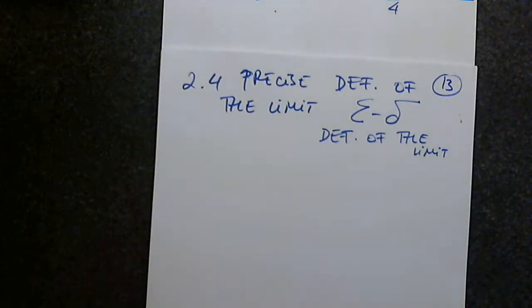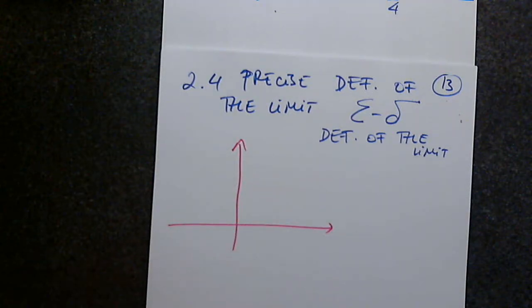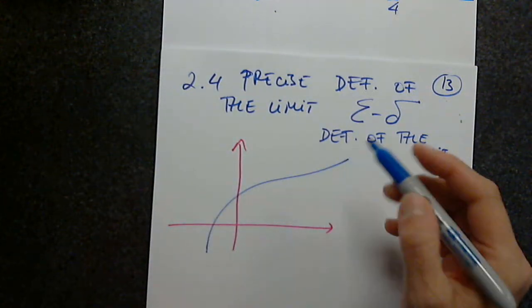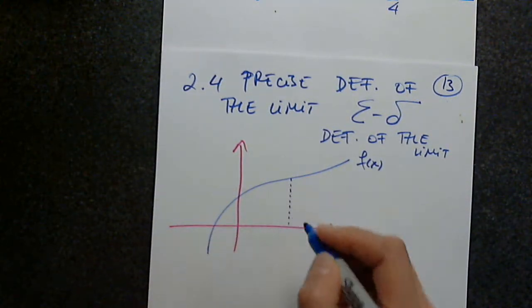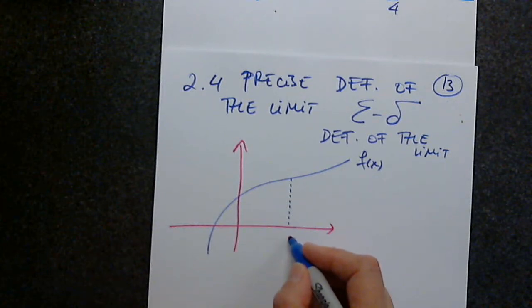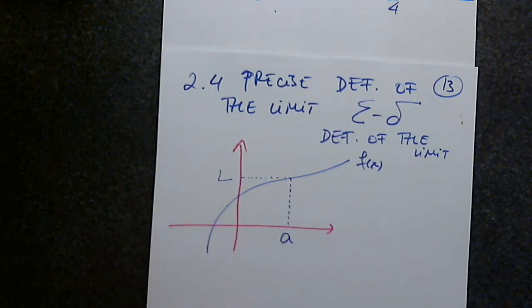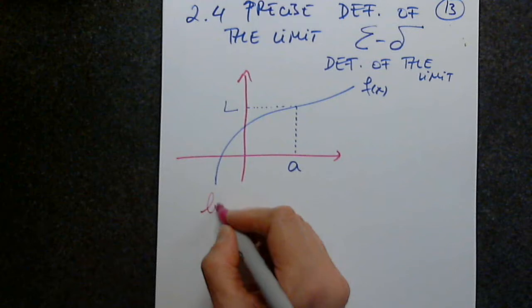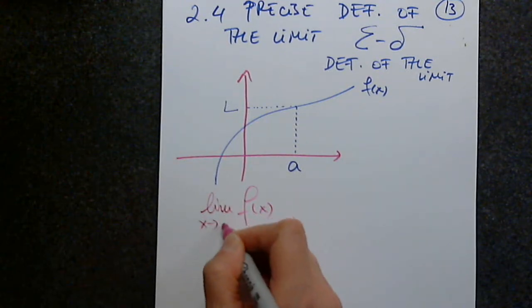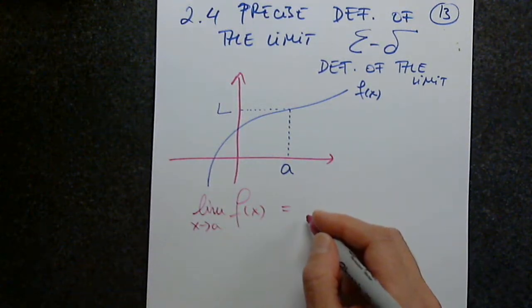Okay. So let's take a look at this scenario. We have a function. This is f of x. And of course, this is what we know now already. And when we write the limit of f of x as x approaches a, from the graph, you will say it's very good.